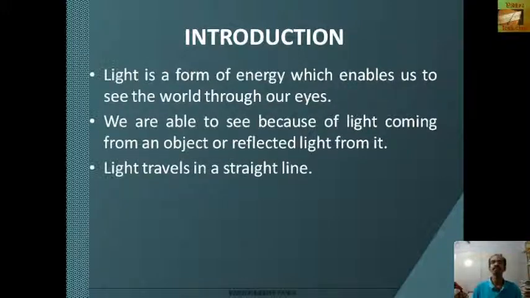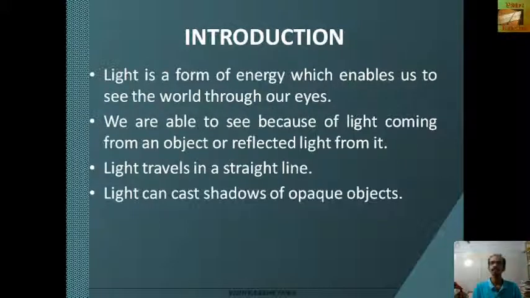Now light travels in a straight line. If we keep a big obstacle in the path of light, a shadow is cast. This is since light travels in a straight line.